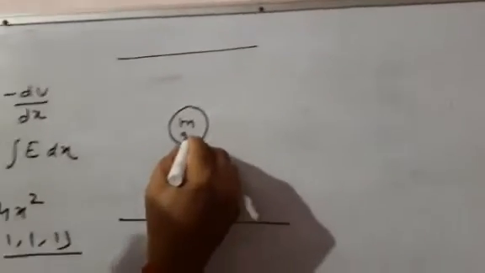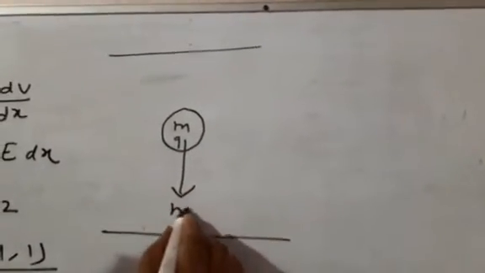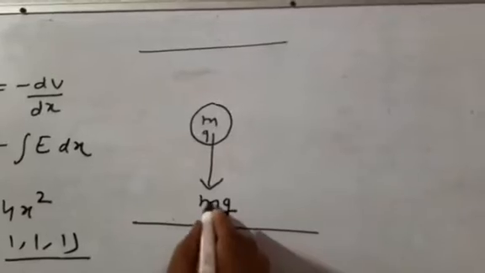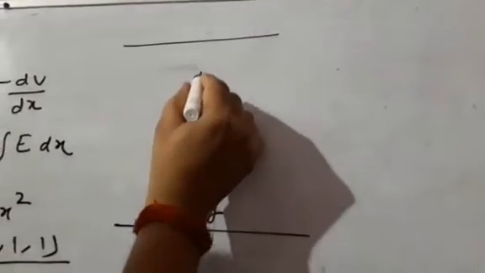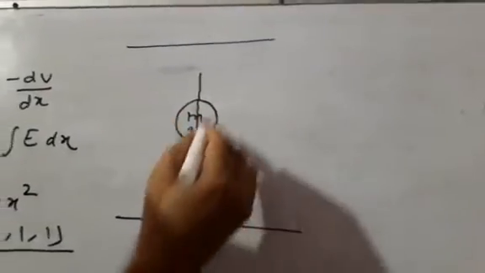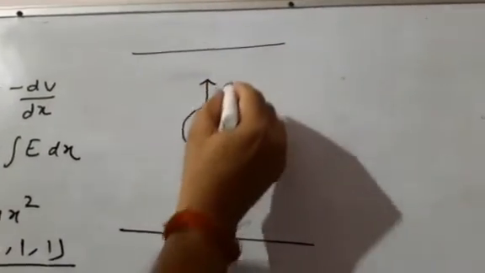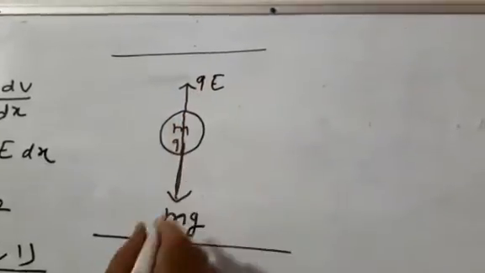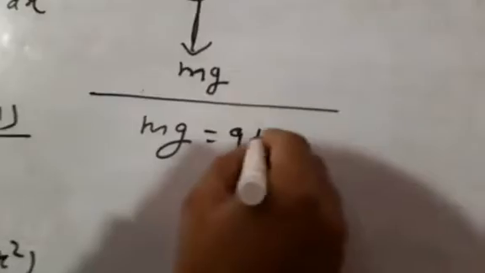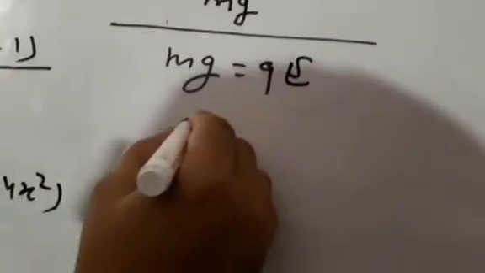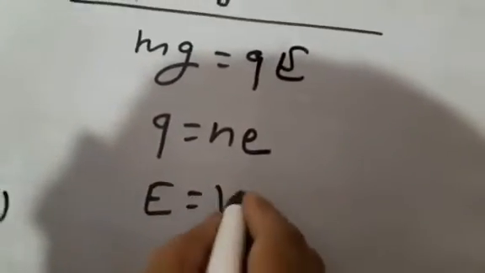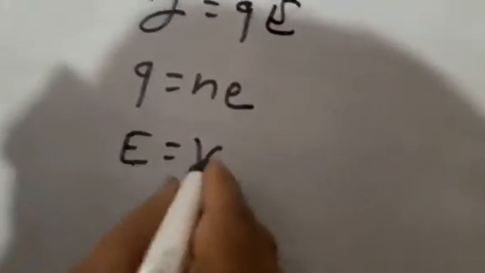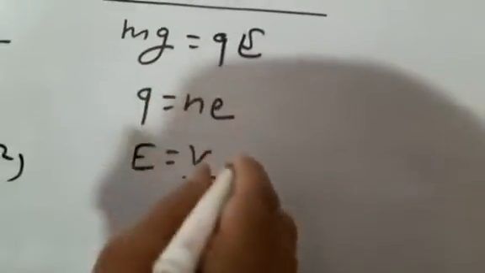Since weight of particle is always applied vertically downward, therefore the balancing force is an electrostatic force which is equal to QE. Therefore, in balanced position, we use mg equal to QE. For some questions, we use Q equal to NE and E equal to V upon D. That means electric field equal to potential difference upon distance.